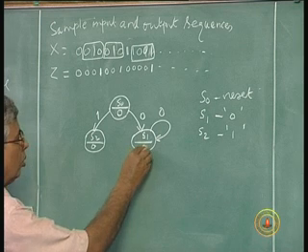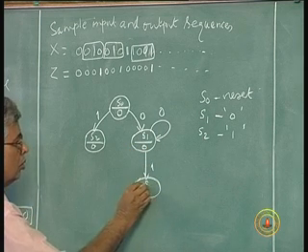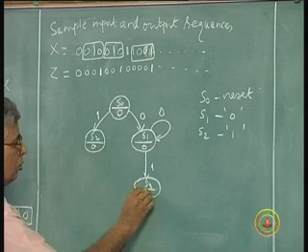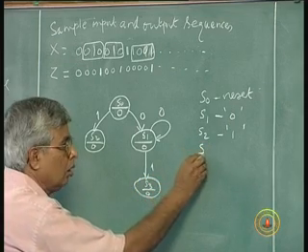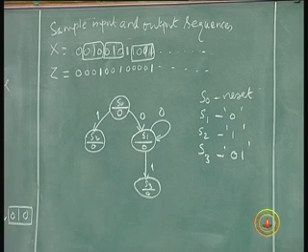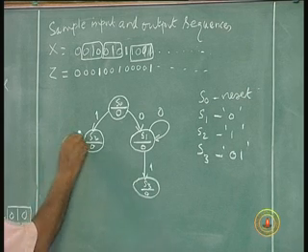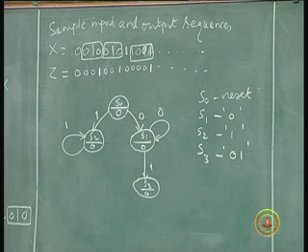Then on 1 it will go to this, S3, which is a 0 1 state. Then in S2, if a 1 occurs, continue to be here.